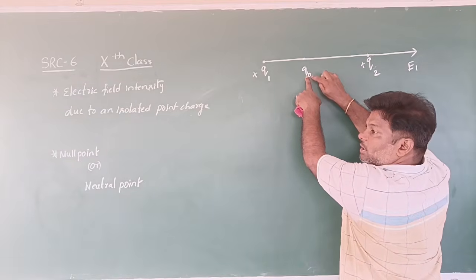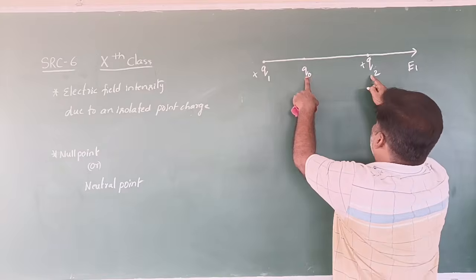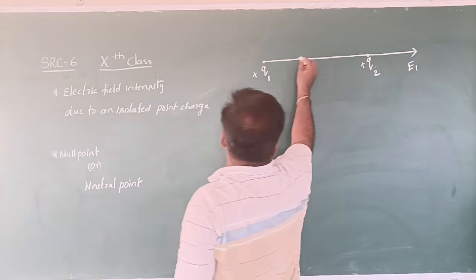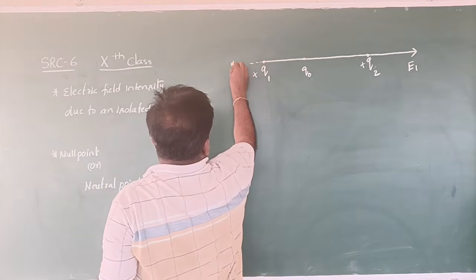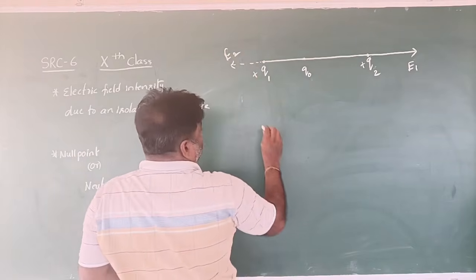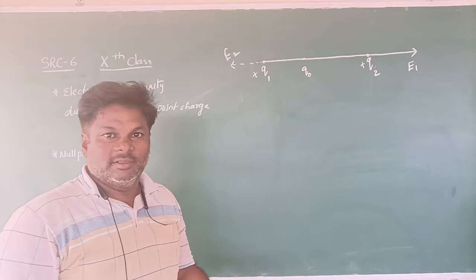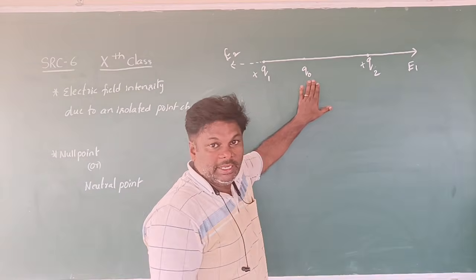This Q0 is repelled by Q2 with a field of E2. Observe this one: E1 is in one direction, E2 is in another direction. Q0 is located in the middle of these two.